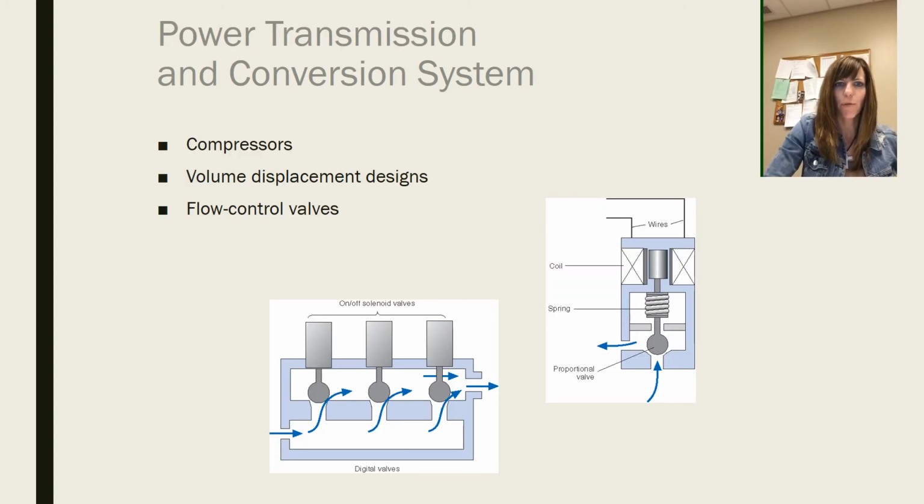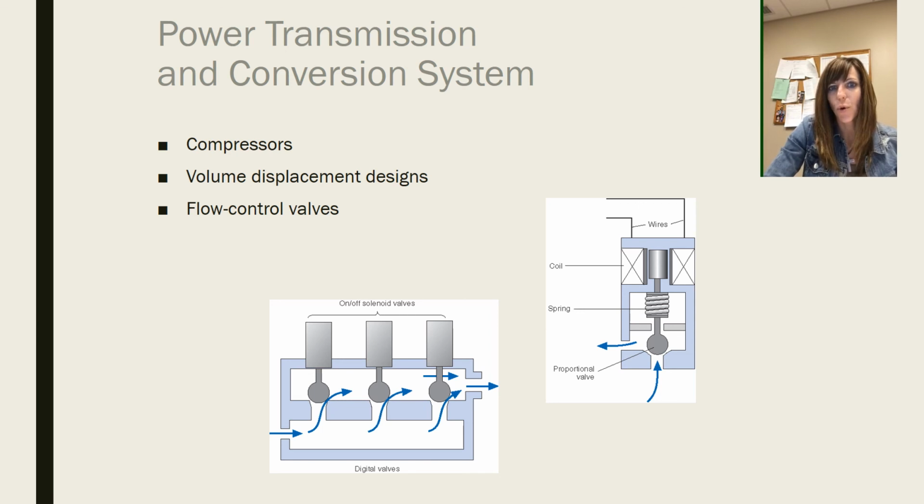These two pictures show a flow control valve. If you look at the picture on the left, each one of those little rectangle things with the circle thing on the end, that's called a valve. So as the valve on the left-hand side goes up, air is allowed to go into that little compartment. And then the valve in the middle goes up, and then air goes through that compartment, and then the valve on the right goes up, and then air is allowed to go through that compartment and out to the patient.